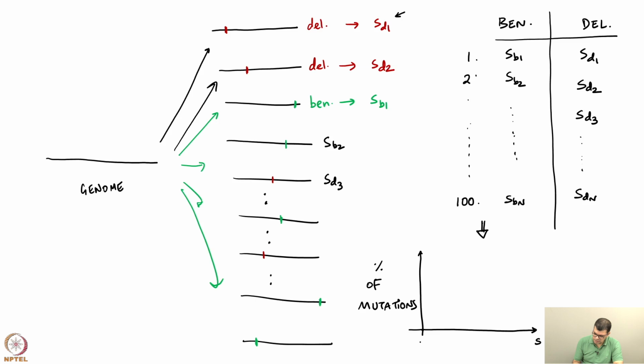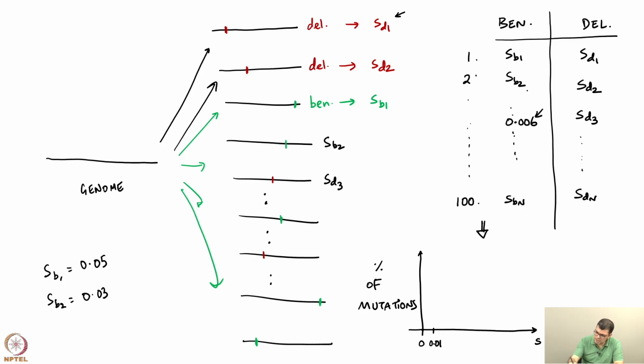So, we ask how many mutations confer a benefit which is between 0 and 0.01. Remember last time we made up these two examples where the selection coefficient of the first beneficial mutation was 0.05 and selection coefficient of the second beneficial mutation was 0.03. But there will also be some mutations whose selection coefficient is, let us say, 0.006. So, that one will be counted in this particular window.